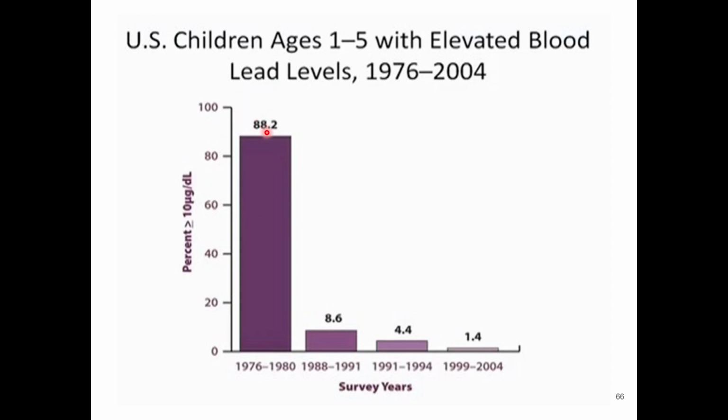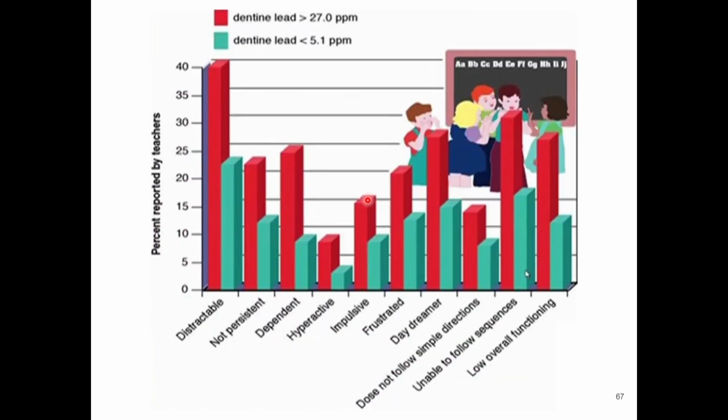That is a very high percentage, and it reduced to 8.6% in 88 to 91. A drastic reduction. It further reduced to 4.4% in 91 to 94, and to about 1.4% from 99 to 2004. So that is positive news.